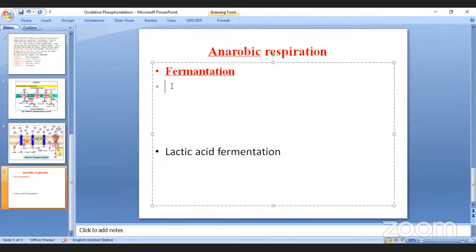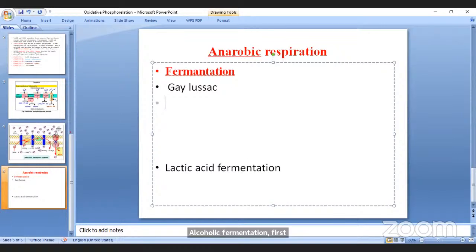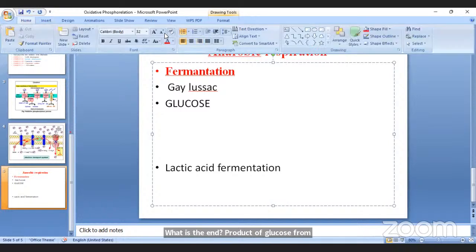Alcohol fermentation was first discovered by Gilosok. In alcoholic fermentation, glucose is the substrate, right? From glucose we get pyruvate, sir.